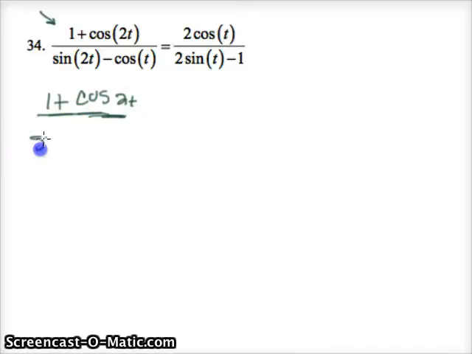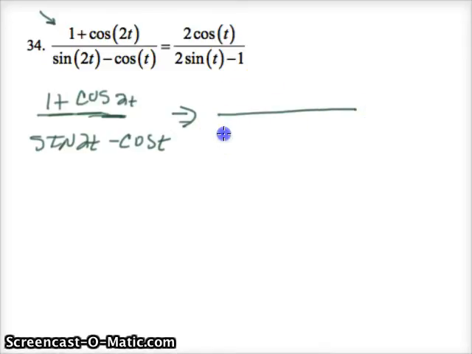Then on the bottom I have the sine of 2t minus cosine t. We're going to have to work with this guy. Now, I do know that the bottom would be twice sine t cosine t, and then I'm going to put over here minus cosine of t.